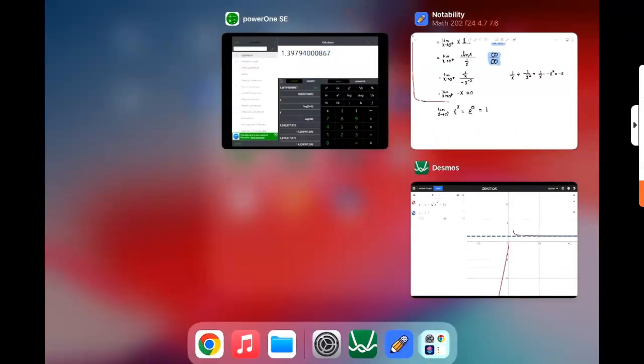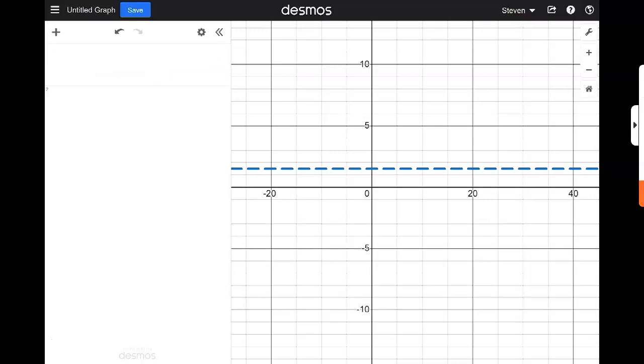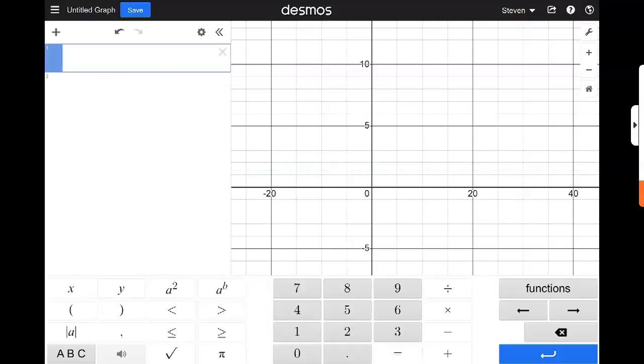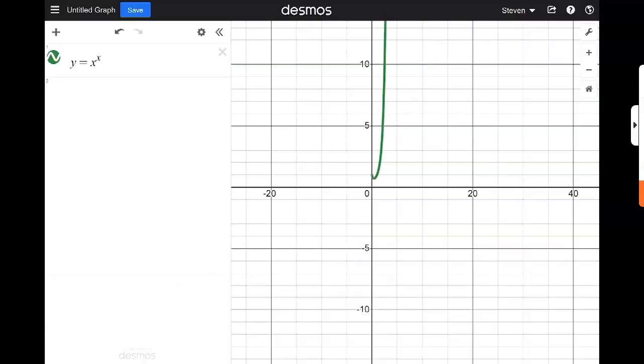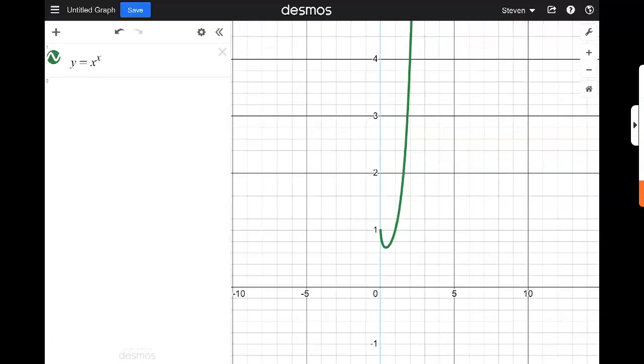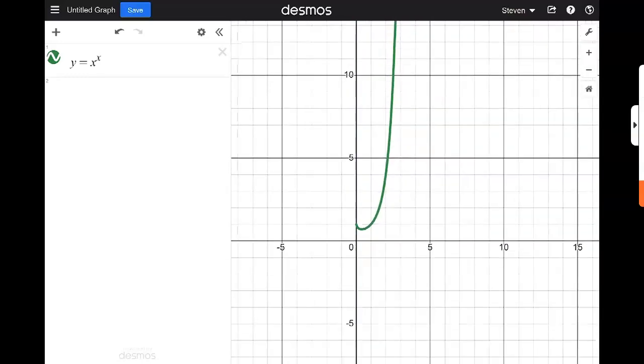That's actually pretty cool. What does x to the x look like? Well, here you go. First of all, x to the x does not exist, of course, for negative numbers. Makes sense, right? And you can see it doesn't actually have a point there, although my graphing device, for some reason, plots the point there, even though 0 to the 0 is not 1.